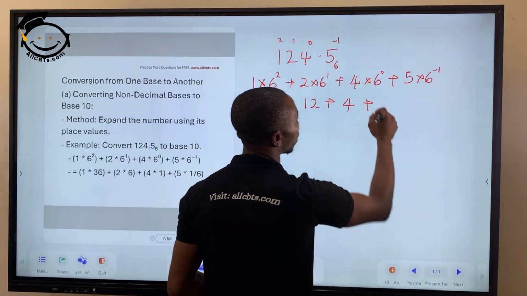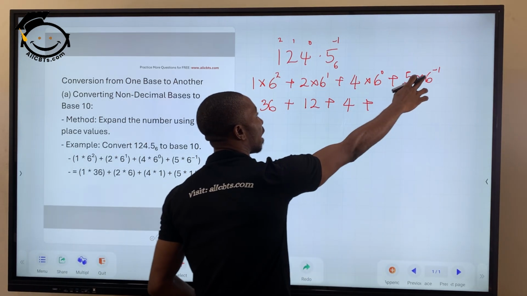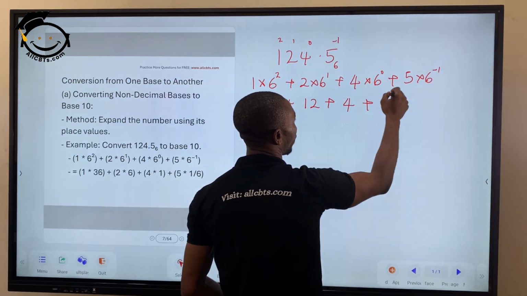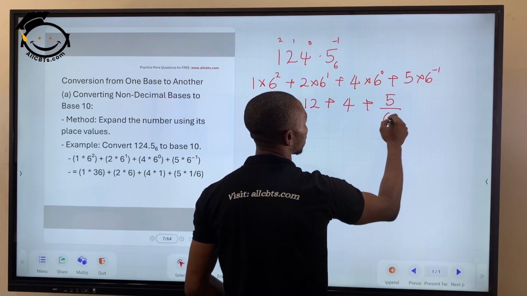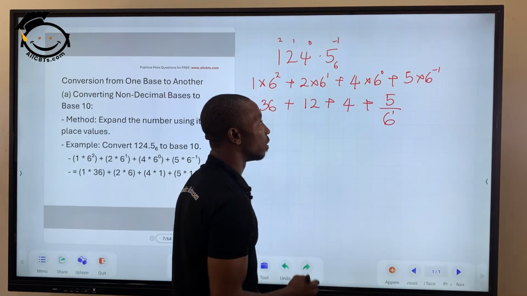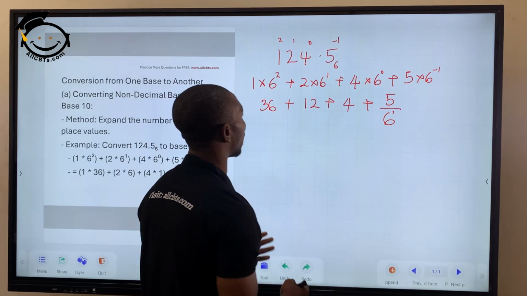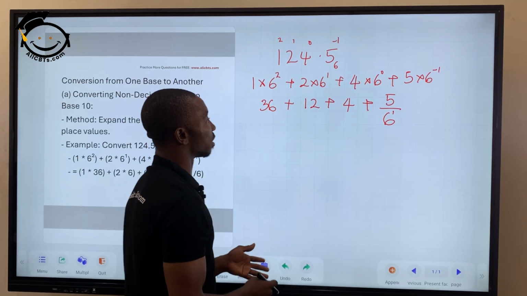Now plus, since we have a negative index, this becomes 5 all over 6 raised to power 1, and 6 raised to power 1 is 6. So we have 5 all over 6.